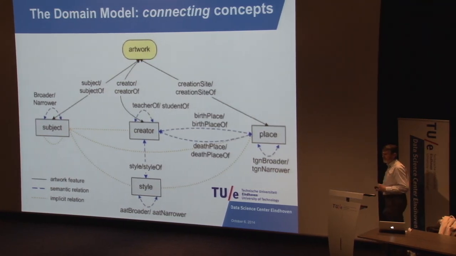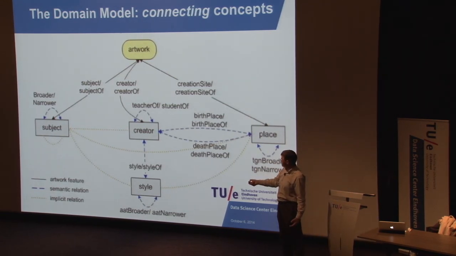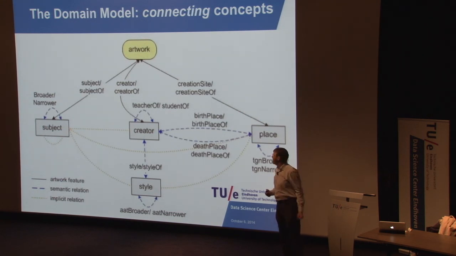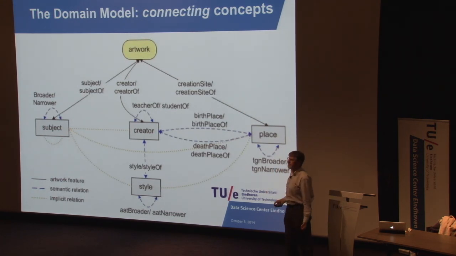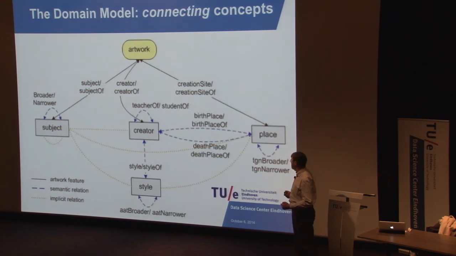Like an artwork has a subject, but we can have a hierarchy or a network of subjects. Something is a broader subject than something else. Same thing with places, for instance. Amsterdam is in the Netherlands. And so if something is tagged with Amsterdam, you can deduce that it is also tagged with the Netherlands, even though that wasn't done explicitly.